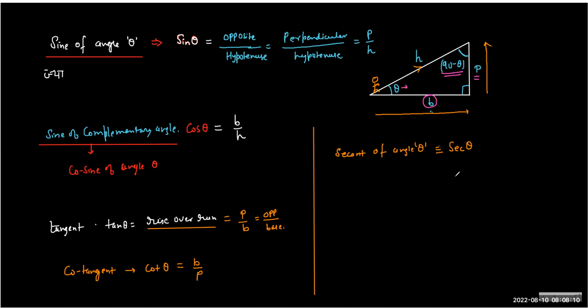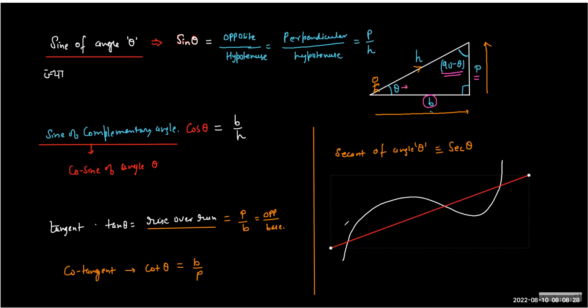So if you have any curve and a line is intersecting at a minimum of 2 points or more, we call it a secant line. Just from basic geometry, if we have any curve like this in a plane, and this is a line, at how many points is it intersecting? 1, 2, 3. It may intersect more. If it intersects at a minimum of 2 points, we call it a secant line.